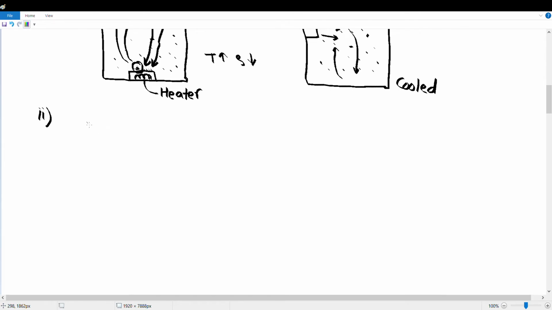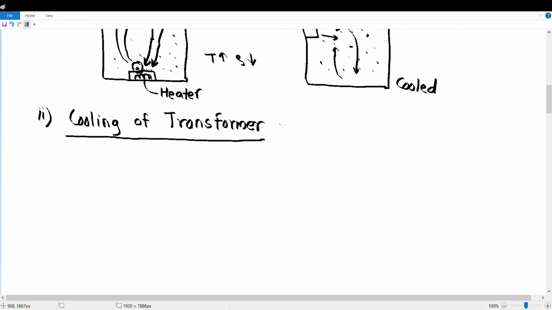cooling of transformer. What is a transformer? A transformer is a device which steps up or steps down the voltage. In a transformer there are coils.